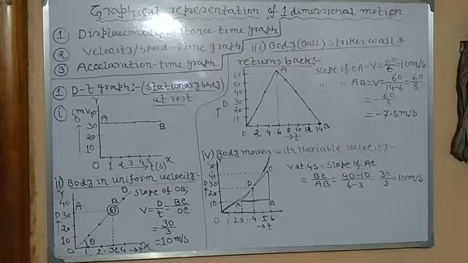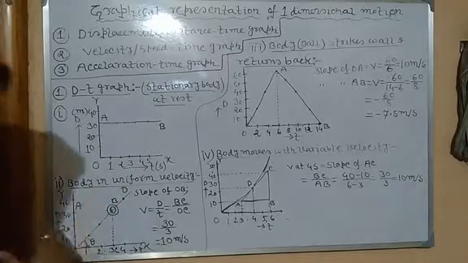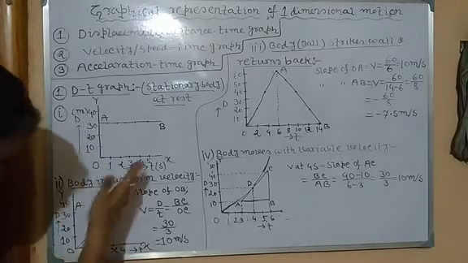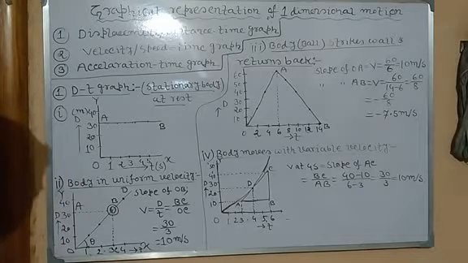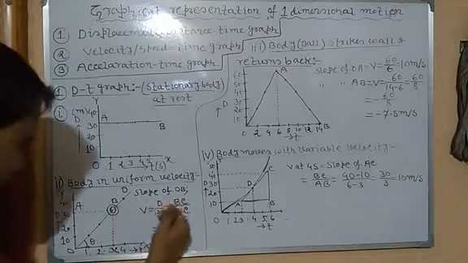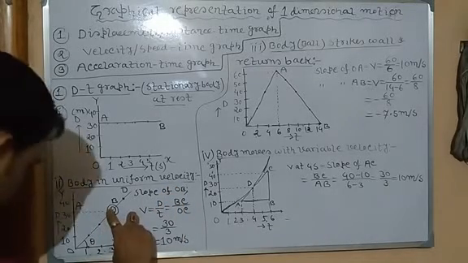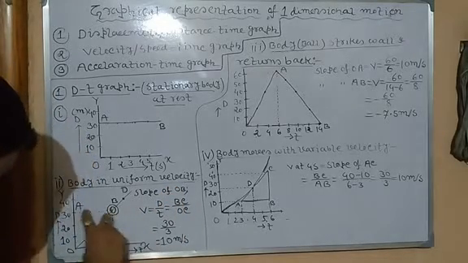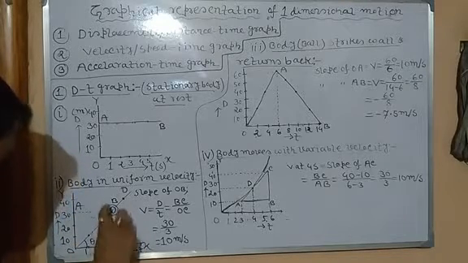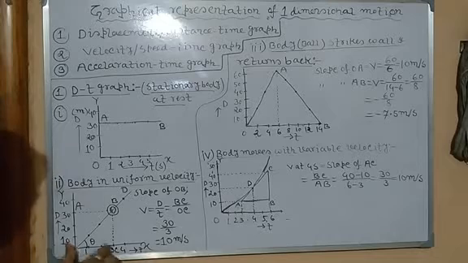Now, what do you mean by slope? As I said, it makes an angle with the time axis. Velocity V is equal to distance by time, so distance is BC divided by time. How did we get BC? What is theta?